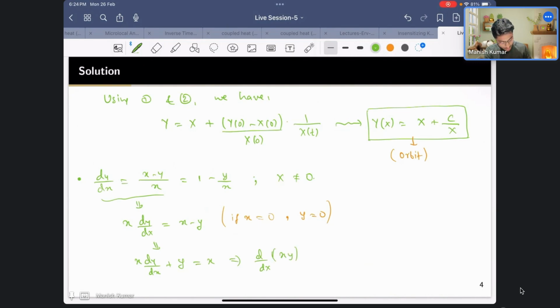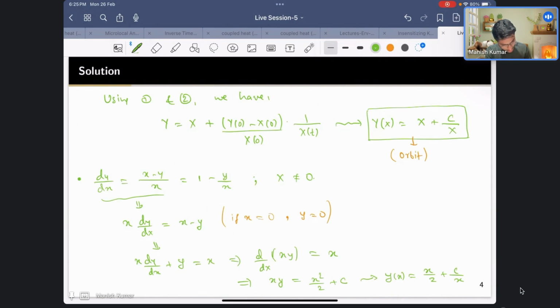If you use the product formula, you'll get 1 times y plus x times dy by dx, correct? So this is what I have written here, and this is equal to x, correct? Now if you integrate with respect to x, what you get is xy equal to x square by 2 plus some constant c, and this will give you y equal to x by 2 plus c by x.